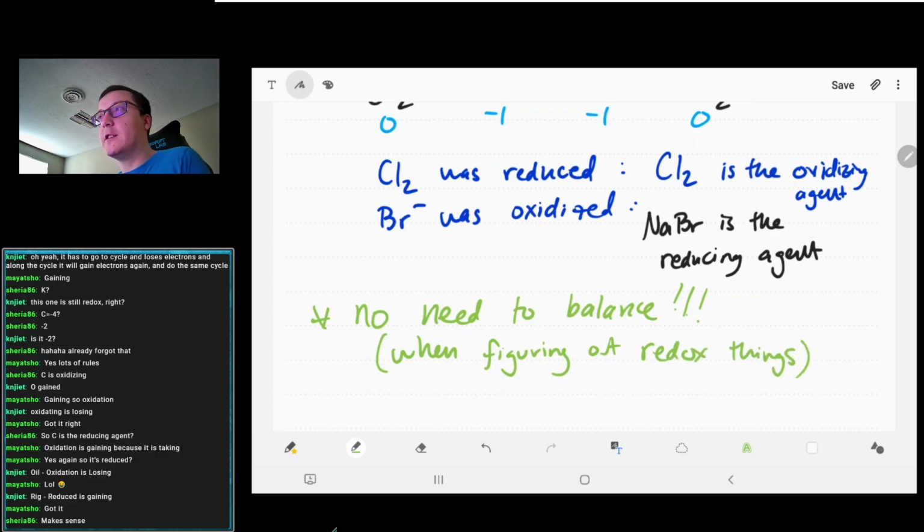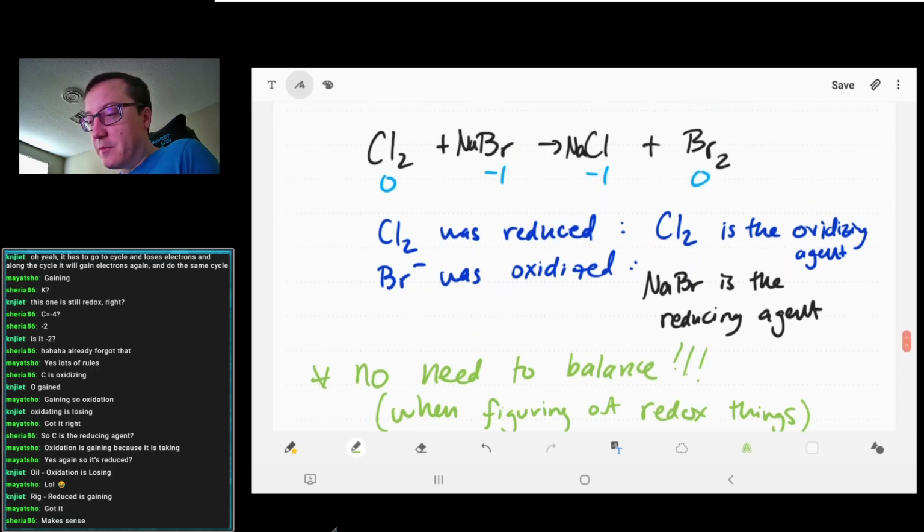We do not need to balance our equations, thankfully. So we can have all sorts of crazy reactions happening, but we don't need to actually balance them to do the redox stuff. Putting a coefficient of 2 in front of NaBr does not change the compound NaBr. It just means we need more of them to balance out the chlorine, but that's not important for us.